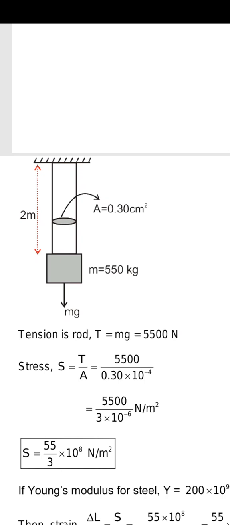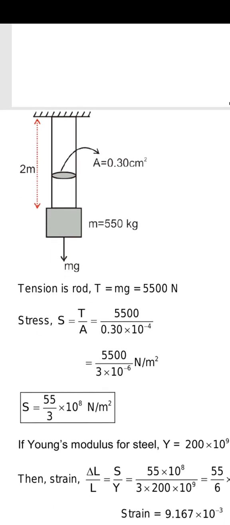The area was found to be 0.30 centimeter squared. Now, that is in centimeters, but we want to deal with meters, so we can convert it to meters. Then we have our formula: stress is equal to tension over area, and our weight, which is our tension force, is 550 multiplied by 9.8, or simply multiplied by 10 as a value for gravity.